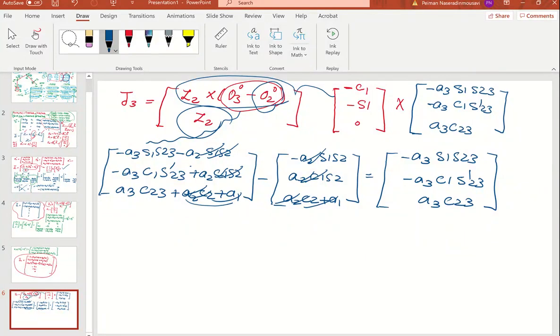This is going to be minus cosine 1 A and cosine 2 3, and K is A3 cosine 1 square minus A3 sine 1, minus, plus, and this is going to be plus C. Let's double check.